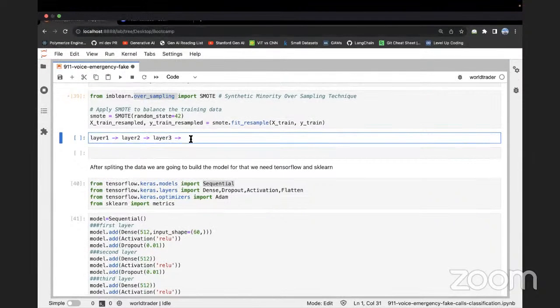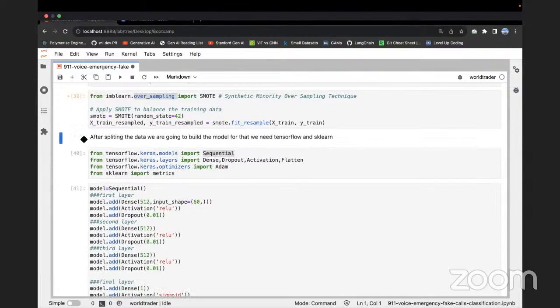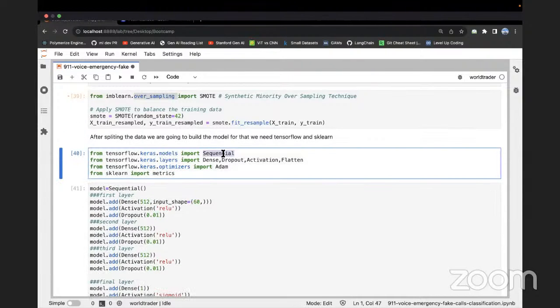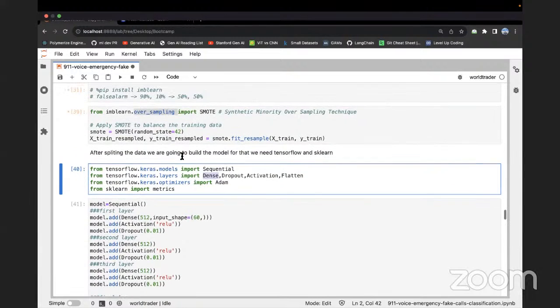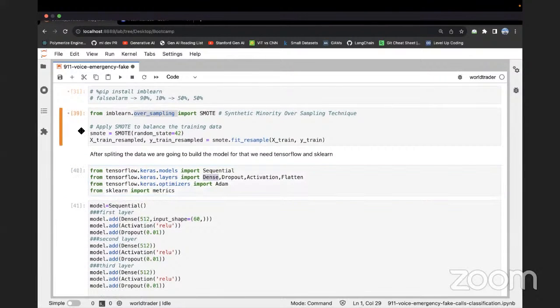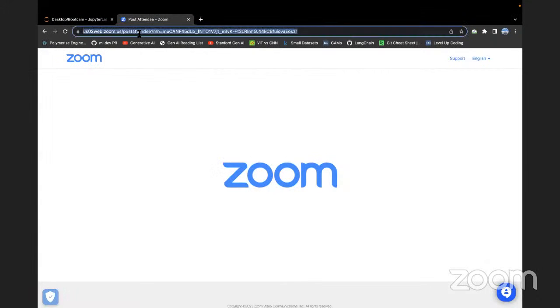Is that clear? Explaining the densely connected layer in a very detailed manner is out of scope for the time that we have for the bootcamp. What we are talking about with the sequential layer is basically defining the architecture of the neural network.